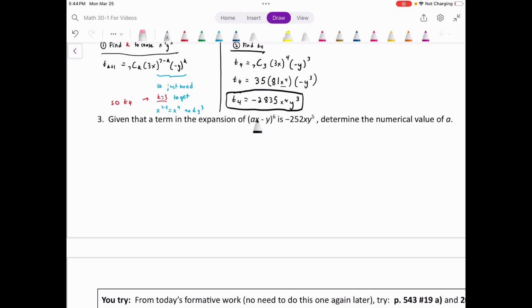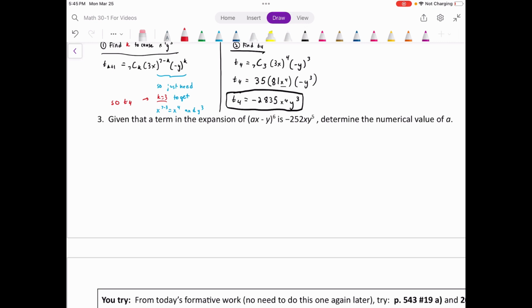That would work because for the fifth term, it's y to the k, so if k is 5, we would end up with y to the 5, right? And then for x, it's n minus k. So if k is 5, we would have 6 minus 5, which is 1, which is the exponent we see on x here.